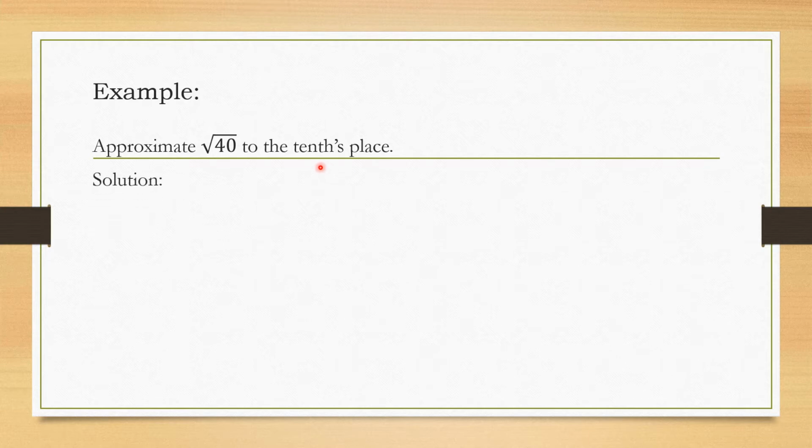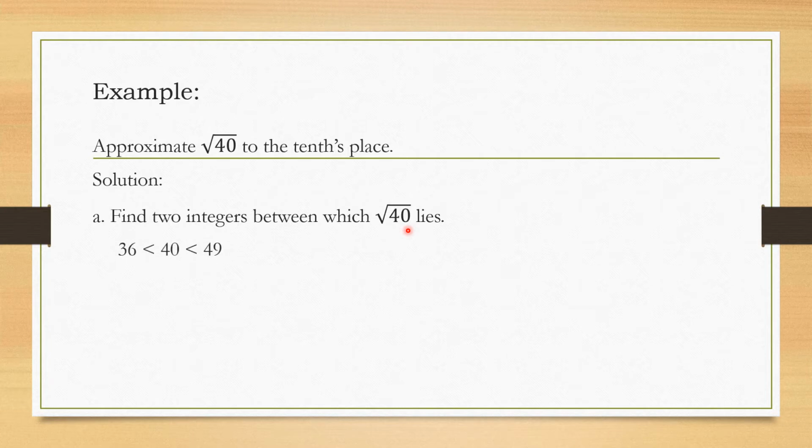Now, we have an example here. Approximate the square root of 40 to the tenth place. Solution. Find two integers between which the square root of 40 lies. We know that 36 is less than 40 and 40 is less than 49.